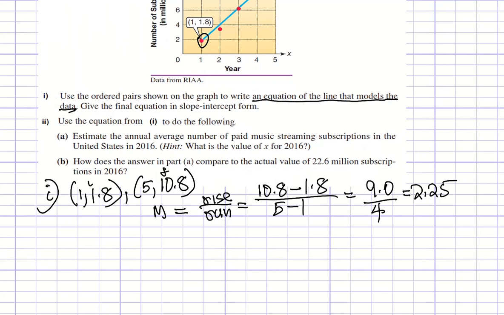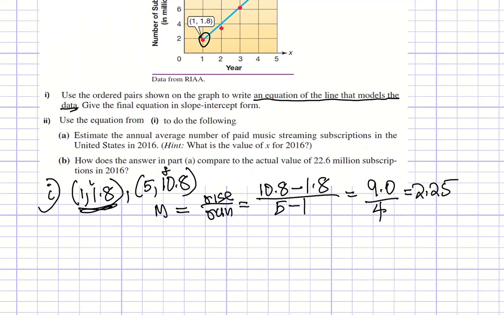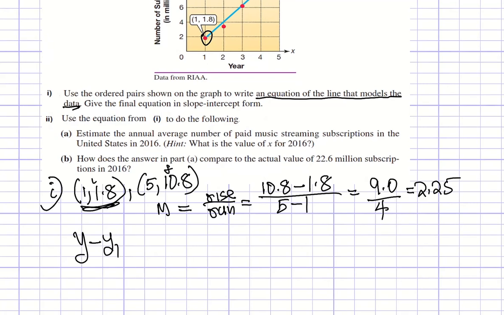Using the slope and the initial point, we'll find the equation using point-slope form: y minus y1 equals slope m times x minus x1.